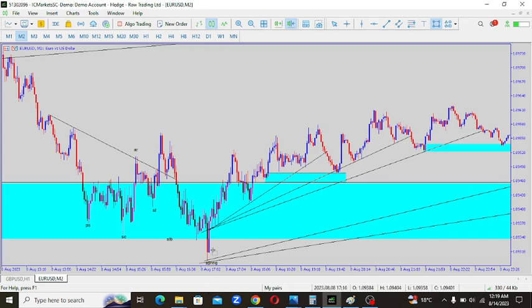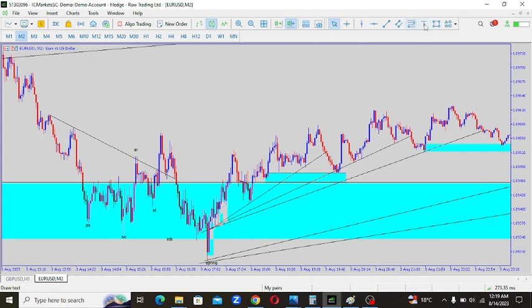You see, first things first, it was this demand mitigated. Second demand mitigated. Third demand mitigated. Fourth demand.